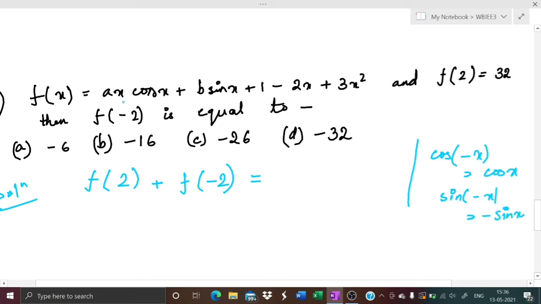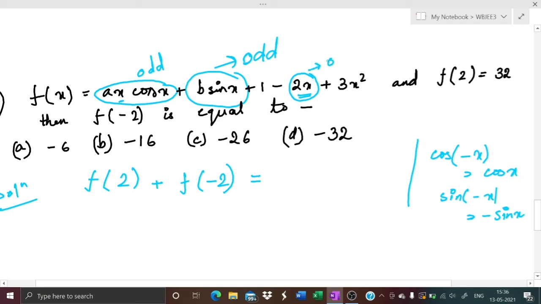But here you also have x, so overall this function is odd and also this function is odd. Both the functions are odd functions. This function is also odd because the power of x is 1.